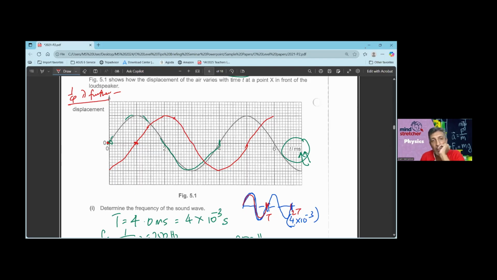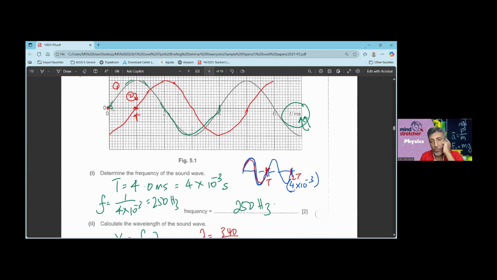I'm drawing it on the screen, so it's not as good, but it should be the same sine shape. The reason I started here is to be 1/4 later than the first particle. This is the first particle, and this is the particle which is 1/4 of a wavelength later. So you just shift this graph by 1/4. The same graph will repeat, but 1/4 of a wavelength later. Okay, so take note of that.